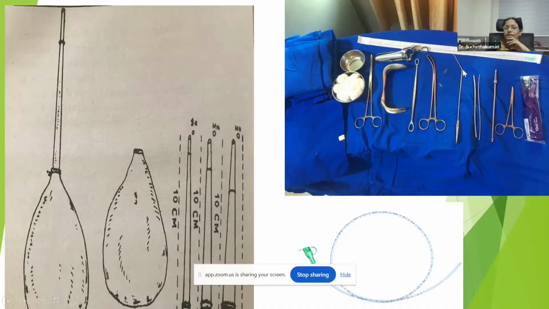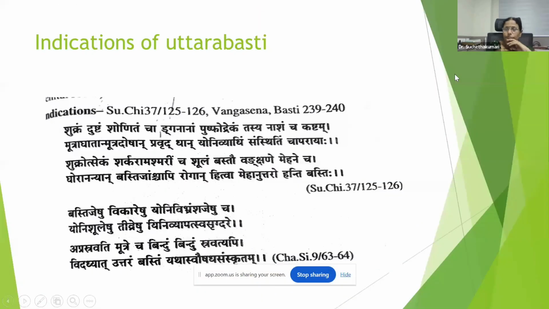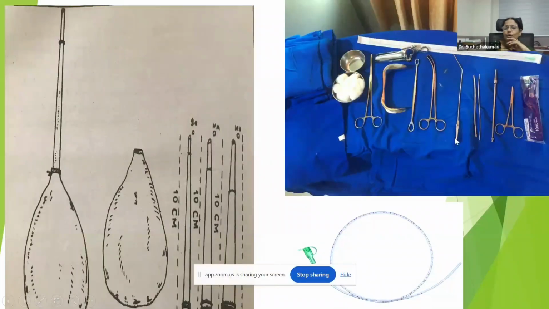This is also called the first dilator, which helps in dilatation of the cervical canal.